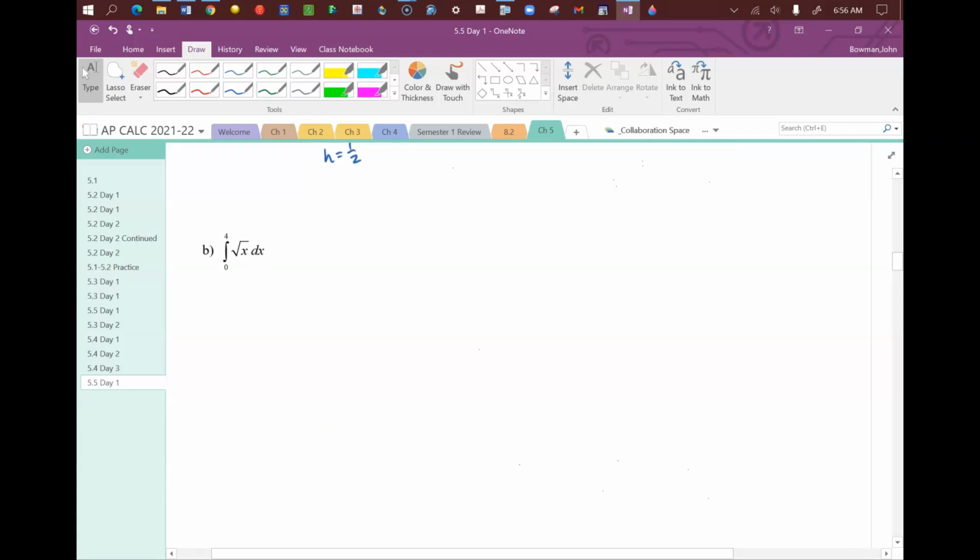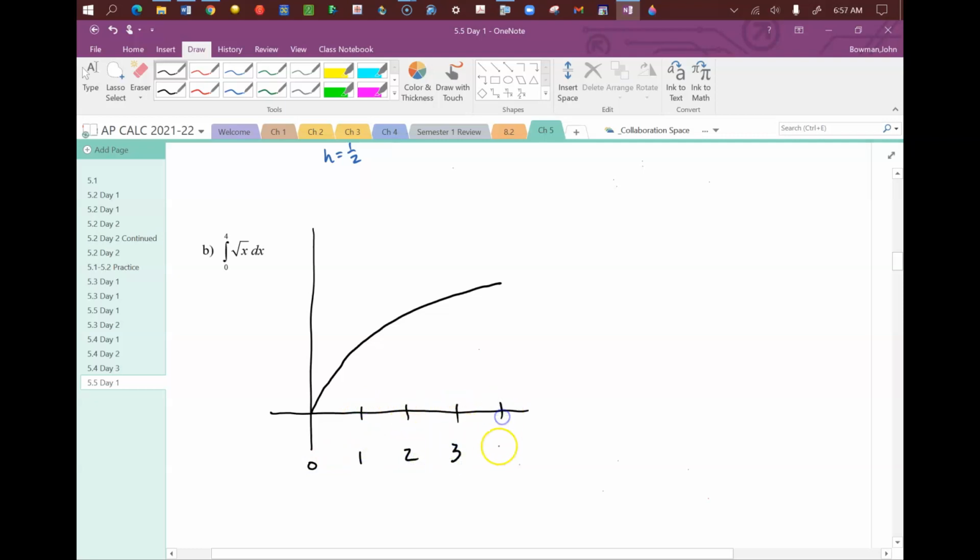In the next example, we are going to find the integral from 0 to 4 of the square root of x dx. So again, let's sketch ourselves a graph of this function. This function looks like this on the interval from 0 to 4. So 0, 1, 2, 3, 4. Those are our subintervals.